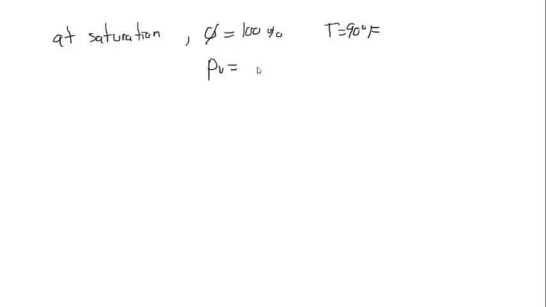We're at saturation, so we have 100% humidity. We're told that the temperature is 90 Fahrenheit. Vapor pressure in this case would be saturation pressure, since we're at saturation. So let's get the vapor pressure: 0.7 psi, based on 100% relative humidity.